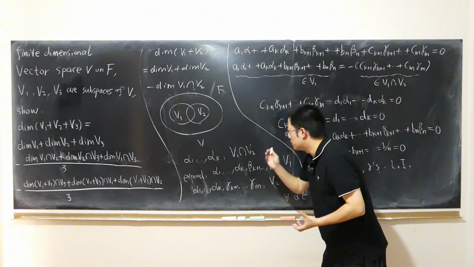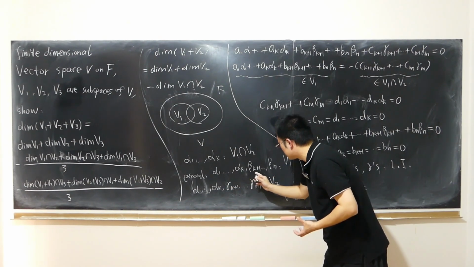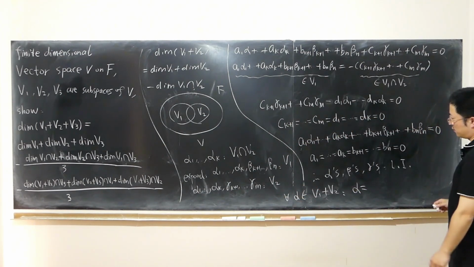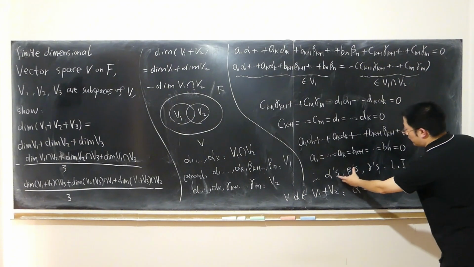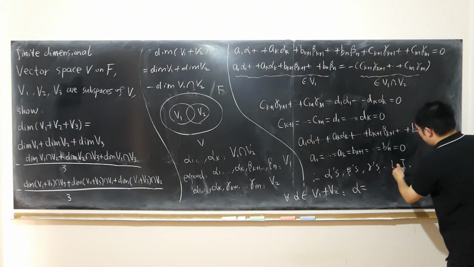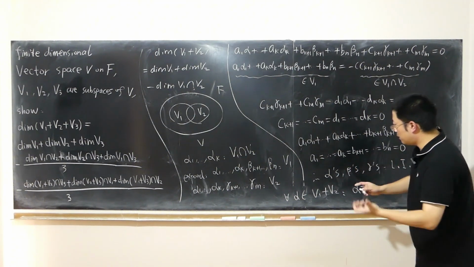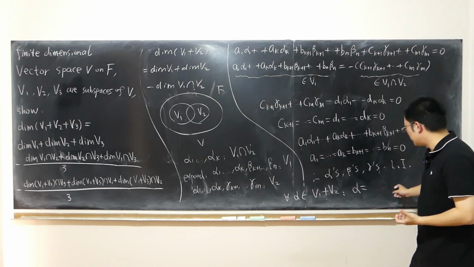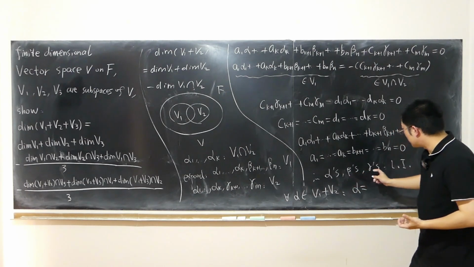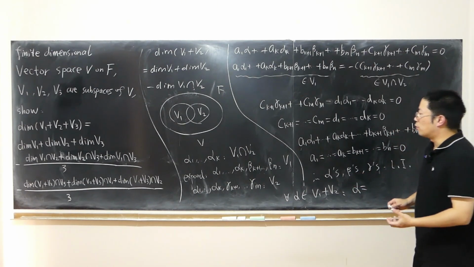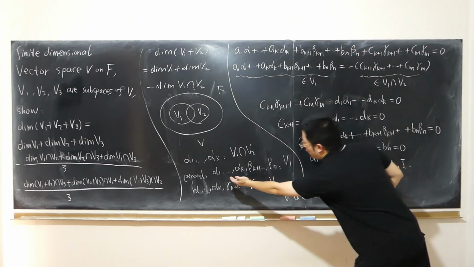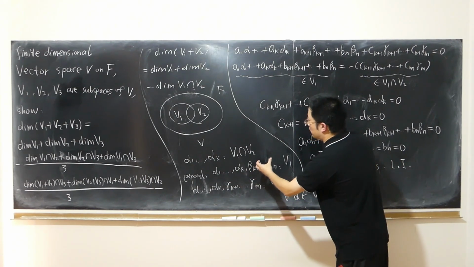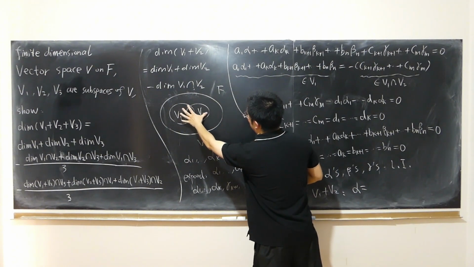So not only are alphas, betas, gammas linearly independent, but any element from V1 plus V2 can be written as a linear combination of alphas, betas, and gammas. So therefore, alphas, betas, gammas together form a basis of V1 plus V2.